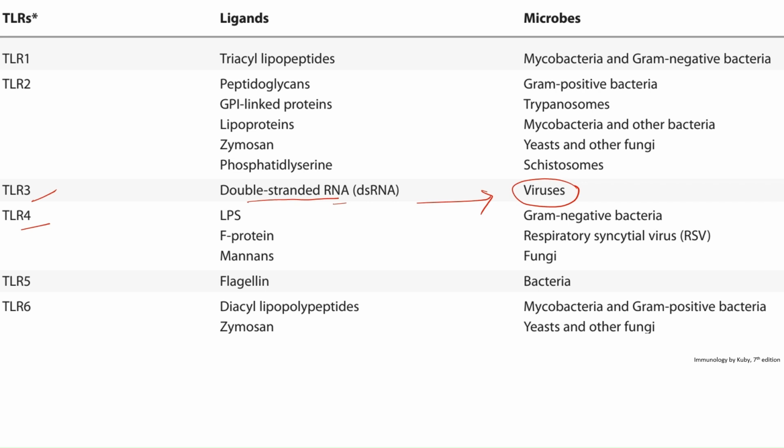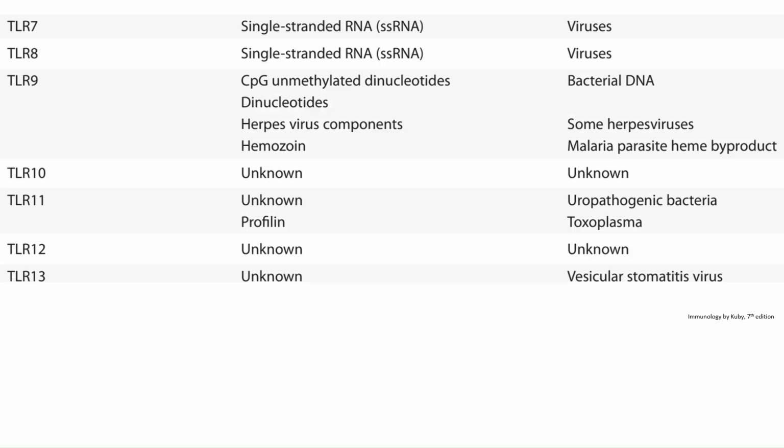Similarly, TLR4 recognizes LPS, that is lipopolysaccharide, which is found on the cell membrane of gram-negative bacteria. So this table is giving you the list of different TLRs that are found on our immune cells with the respective ligands that they recognize and the pathogens on which these ligands are found.